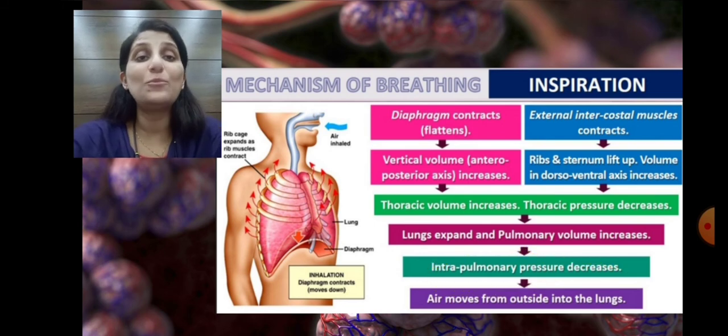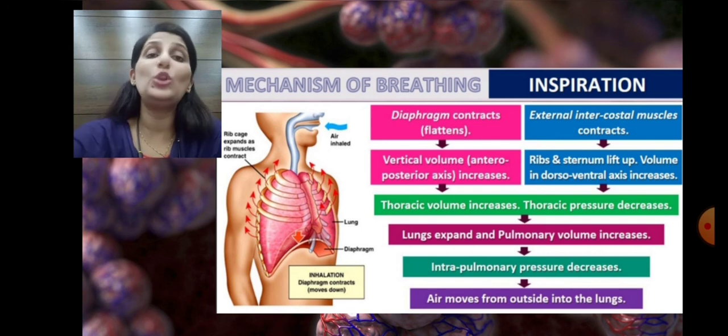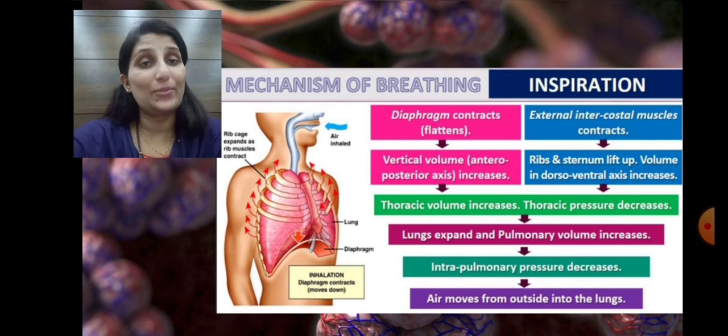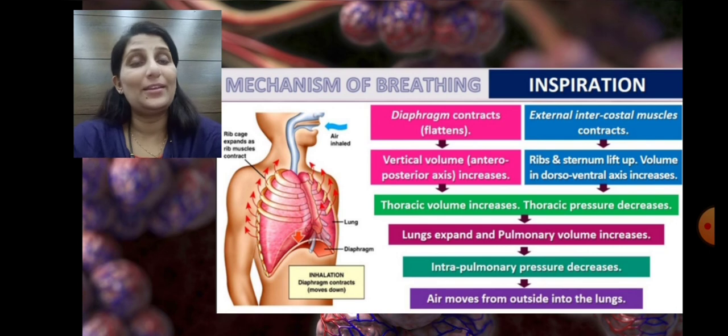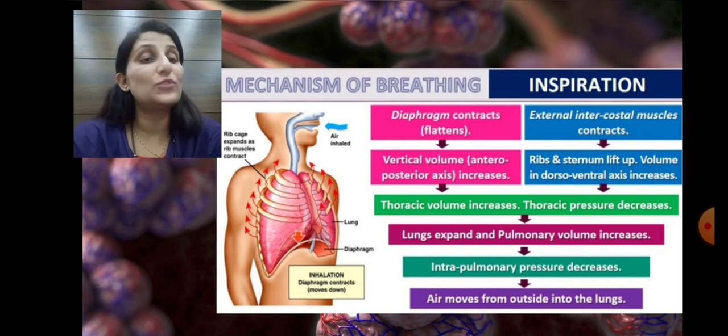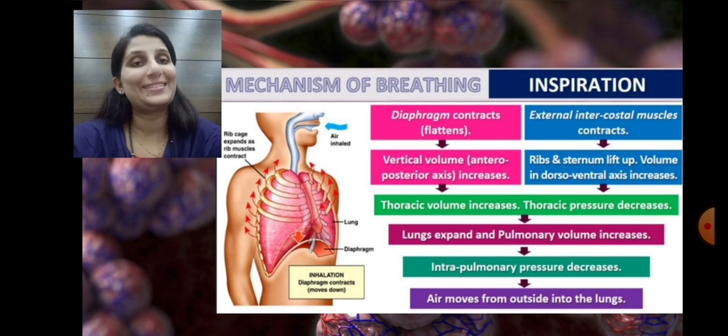We know that air moves from a region of higher pressure to lower pressure. So where is the pressure high at present? It is in the atmosphere. So the air, which has high atmospheric pressure, moves to a region of low pressure, which is inside the lungs. So air moves from outside into the lungs and thus inhalation or inspiration takes place.